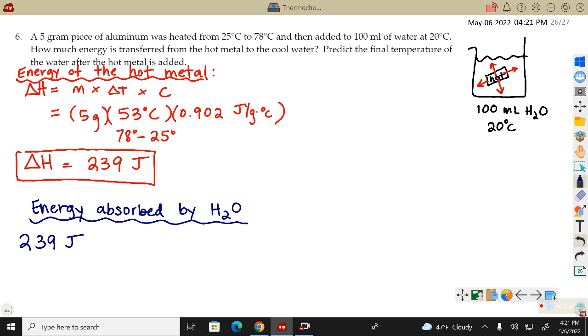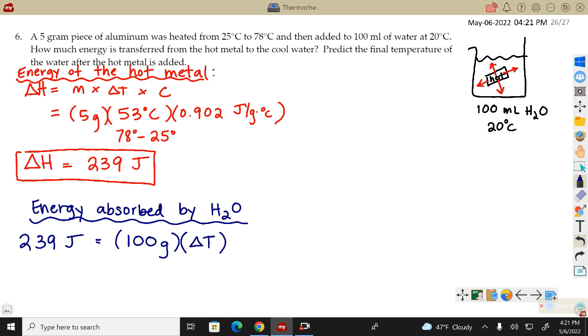Now we'll plug in what we know for the water. Mass. Well, I have 100 milliliters, but you might remember that for water, the density is 1 gram per milliliter. So if I have 100 milliliters of water, it weighs 100 grams. The temperature change, again, I think that's what I'm going to leave as my variable.